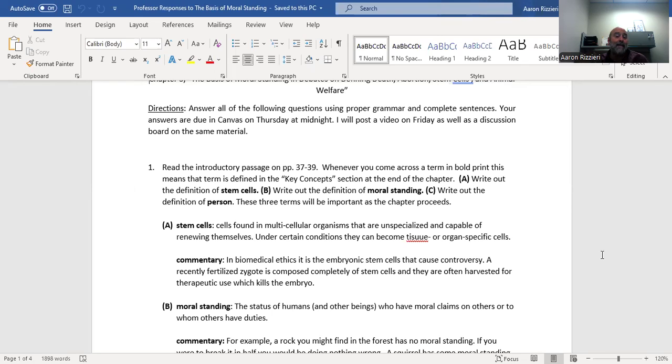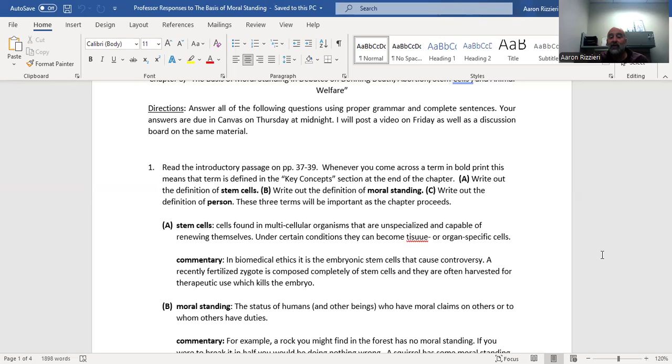So question number one, this is all based on chapter 3, the basis of moral standing and debates on defining death, abortion, stem cells, and animal welfare. Read the introductory passage on pages 37 to 39.